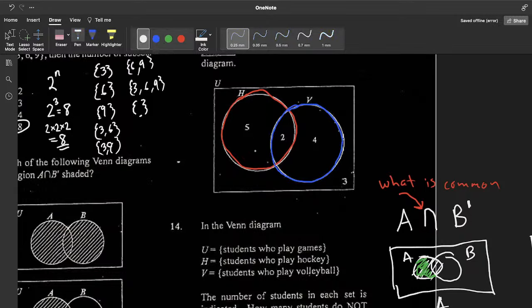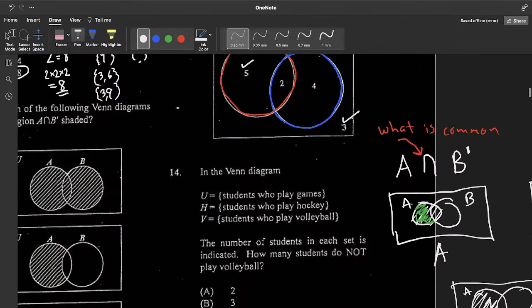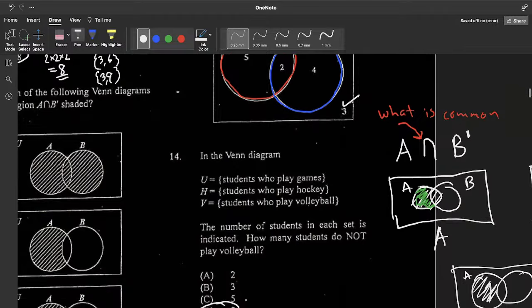In this question, what we're trying to figure out is how many students do not play volleyball. So we have to look for the people outside of the V, or this circle here, which would be this 5 and this 3. So 5 and 3 is 8. We have 8 people who do not play volleyball. So the answer for this is 8.